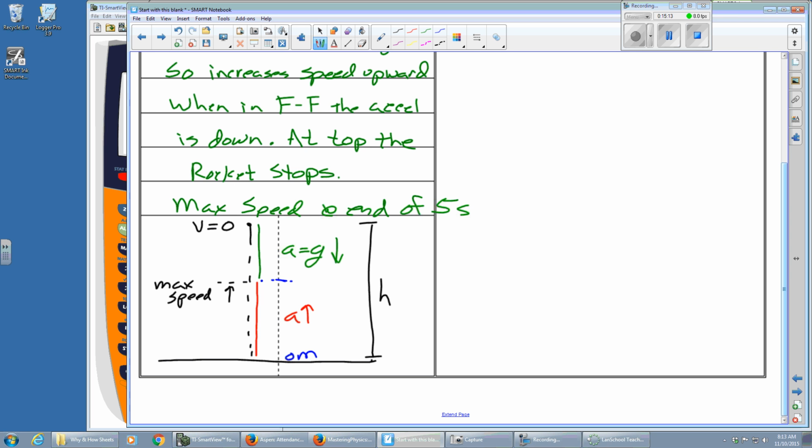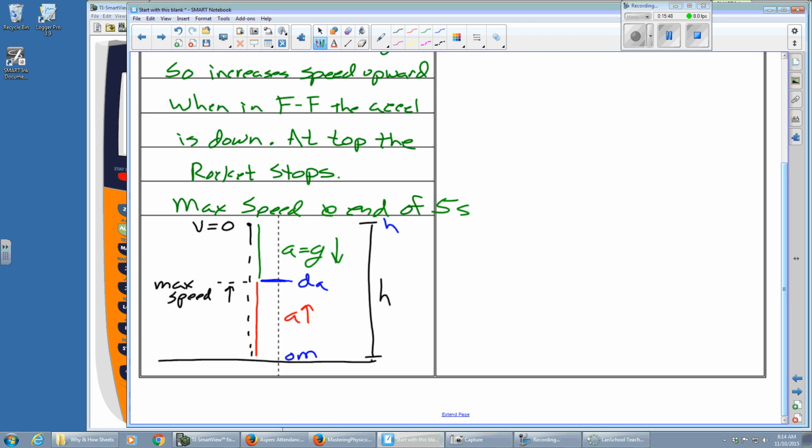We'll call right here distance d sub a. We'll call that point the location where it stops accelerating, so d sub a. And we're already calling the top h, right? We can call this point up here h, and that'll be the total height it gets to.